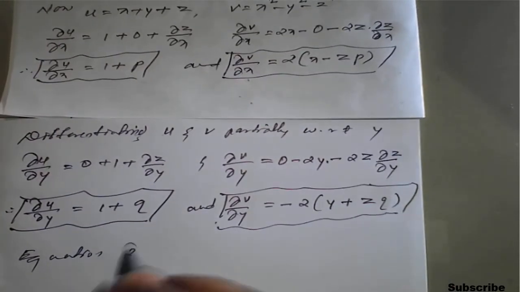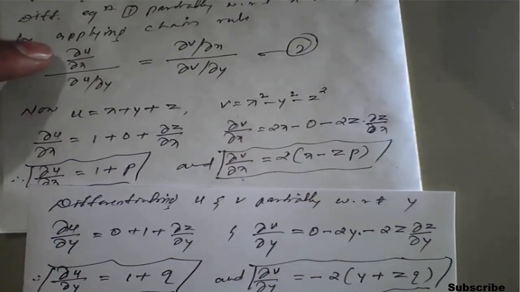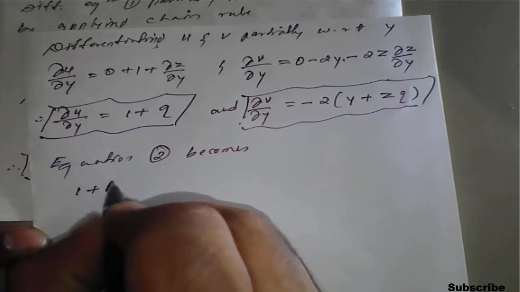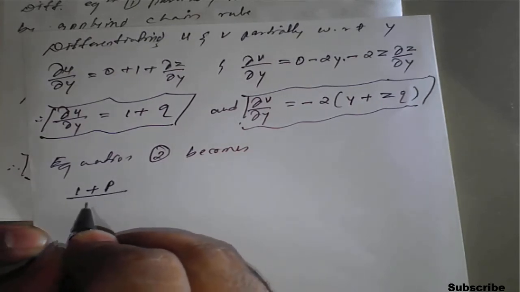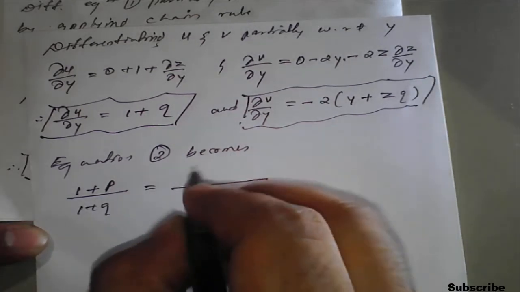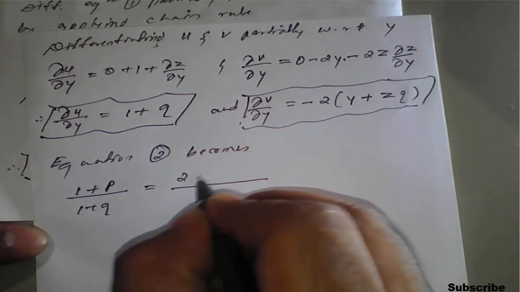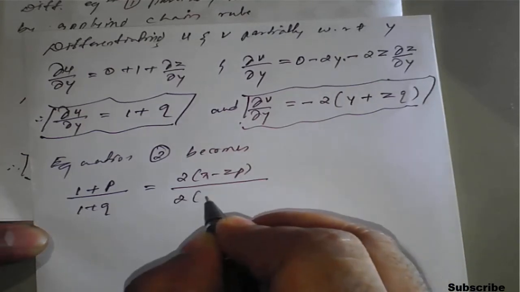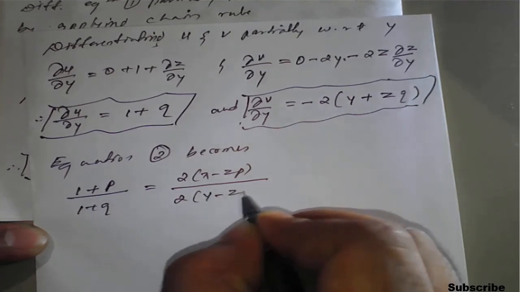Equation 2 becomes, the value of dou u by dou x is 1 plus p, divided by dou u by dou y which is 1 plus q, is equal to dou v by dou x, which we got as 2 times (x minus zp), and dou v by dou y will be 2 times (y minus zq).